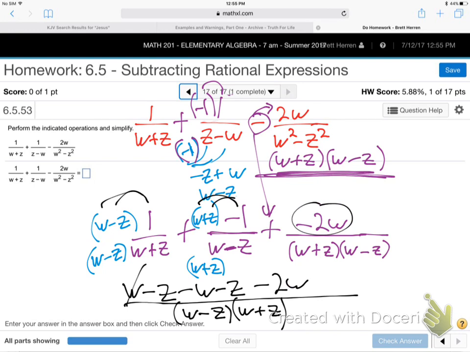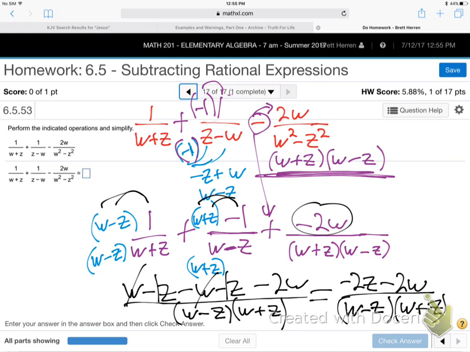So w minus w, those cancel. Minus 1z minus 1z is minus 2z, minus 2w over w minus z, w plus z.